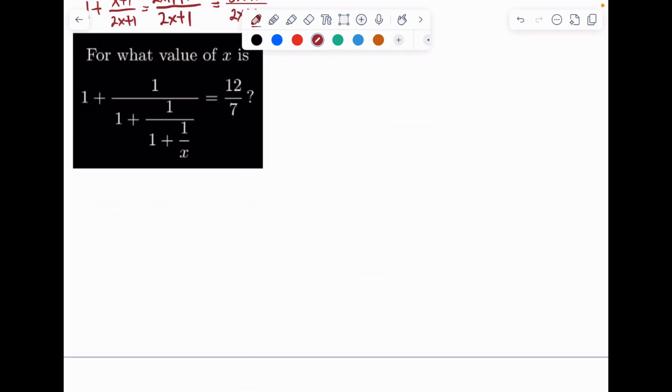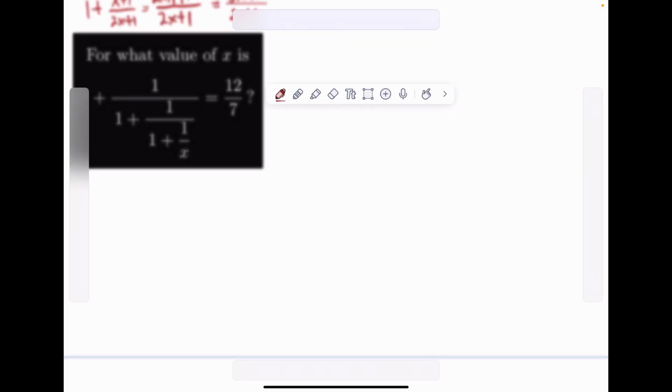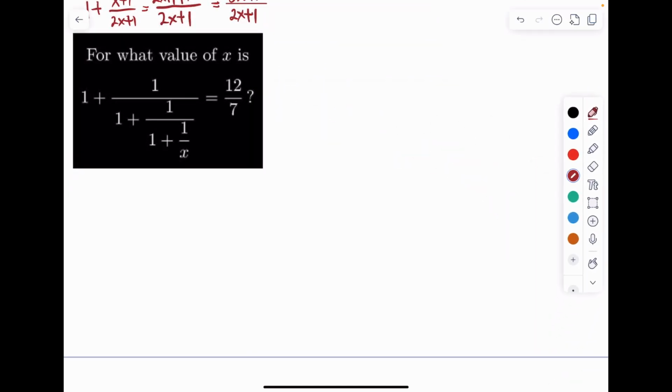Okay. All right. So we're going to be starting with the second methodology, which needs a little bit of creativity, I guess, and understanding of the properties of fractions and how to deal with them. So let's go ahead and do that.